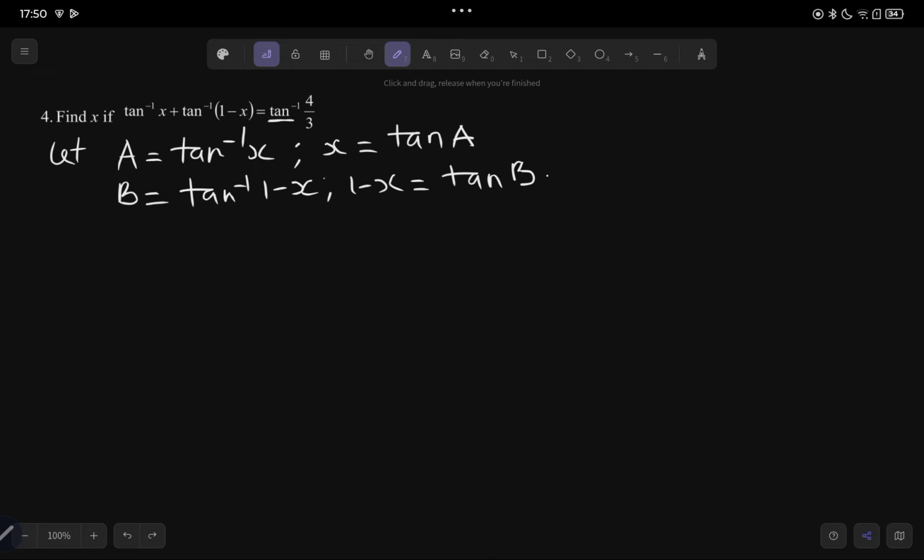Since on the right there is tan inverse, we shall think of introducing the tan on the left.